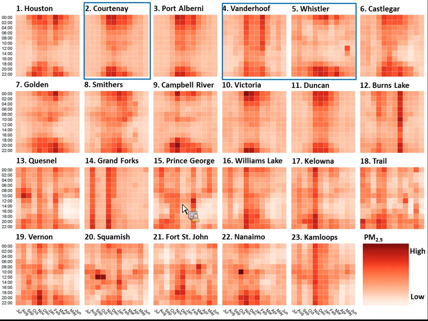Now we're talking about particles in the ultrafine category, so very, very tiny particles if you go back and think about that slide with the hair. Those particles can be produced by a lot of different processes, but certainly forest fire smoke would generate particles in that category, or residential wood smoke.